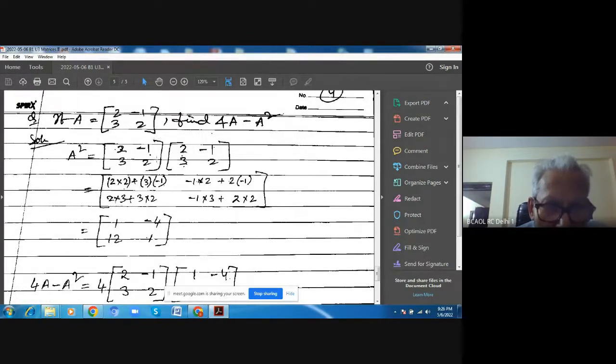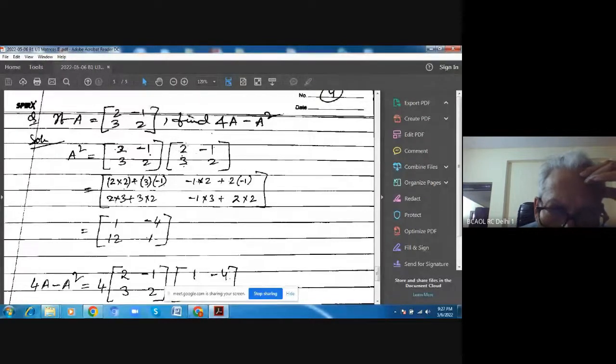Now this side, minus 1 into 2, 2 into minus 1. Another thing is this, just carefully listen to what I am saying. Suppose we are considering the column into row.